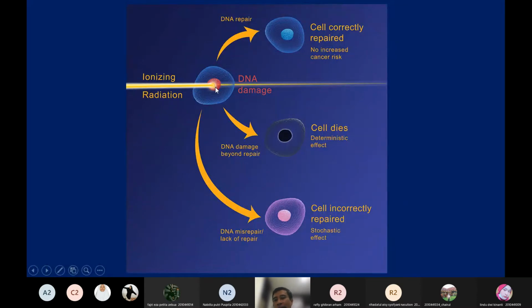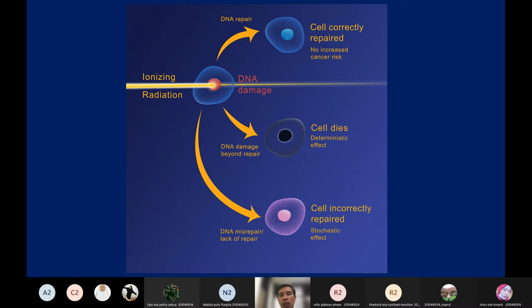Jadi di fisika ada fisika radiasi, fisika nuklir, biasanya misalnya mendesain alat-alat radiasi that is used to kill the cancer cells. Jadi ada desainer alat yang memfokuskan untuk membunuh sel-sel kanker dan tidak membunuh sel normal.